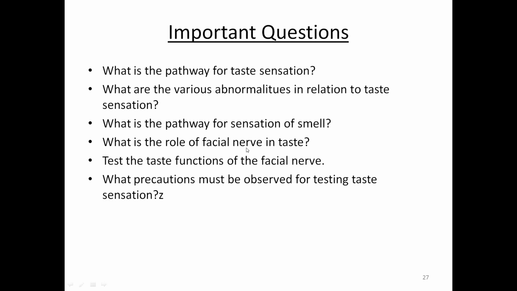Then what is the role of facial nerve in taste? Test the taste functions of the facial nerve. You may be asked also about the glossopharyngeal nerve. And I just mentioned what precautions to be observed. The subject is not to speak, not to withdraw the tongue, and indicate only using the indicator cards.